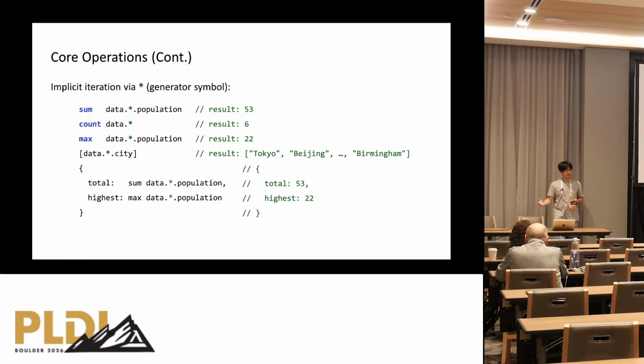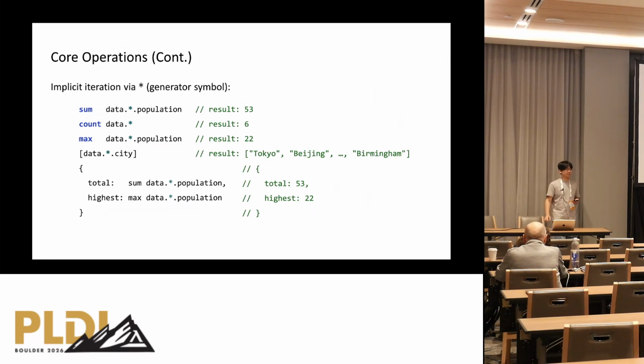And then iteration is usually paired with some kind of aggregation or reduction. So we can do this kind of sum operation that sums up all the values in the array. We do data.star.population to get the population field from all the objects. And then we can count the number of values in that array. We can do max.